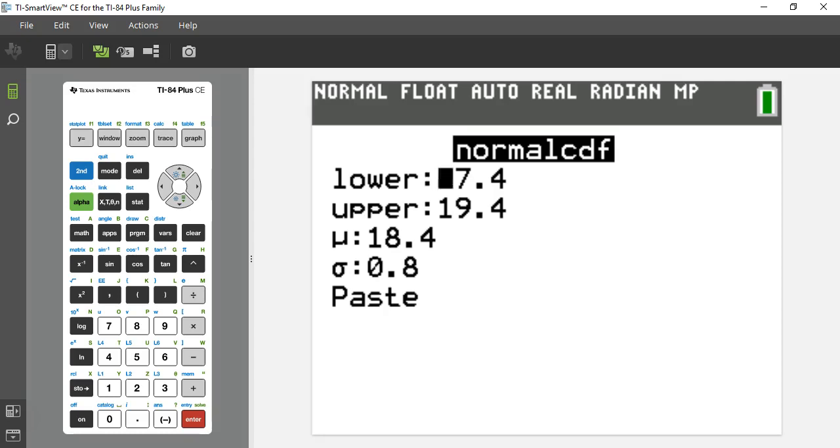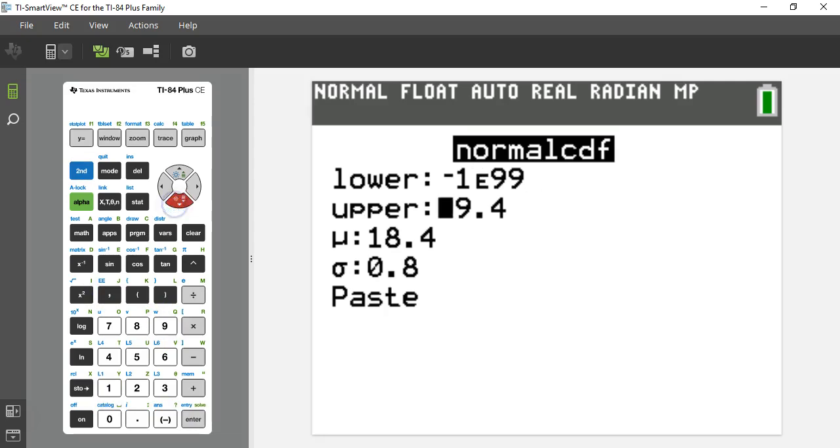Not 500. Oh, negative infinity. Negative infinity, because we are to the left of everything this time. So remember when we talked about this, negative 1, second comma, 99. So that represents our negative infinity.